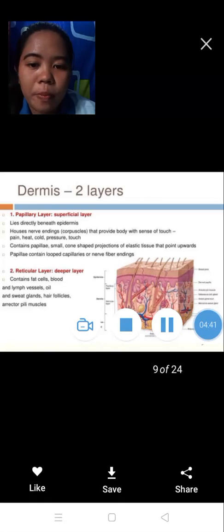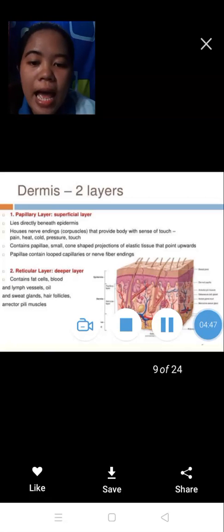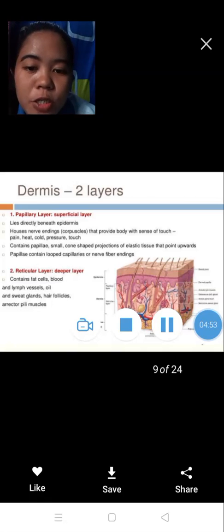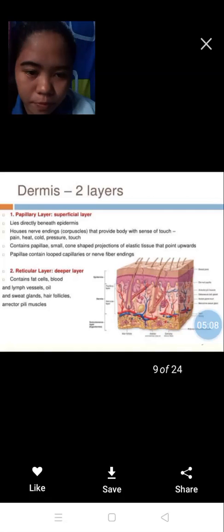The papillary layer is the superficial layer. It lies directly beneath the epidermis and houses nerve endings that provide the body with the sense of touch, pain, heat, cold, and pressure. The reticular layer, or the deeper layer, contains fat cells, blood and lymph vessels, oil and sweat glands, hair follicles, and arrector pili muscles.